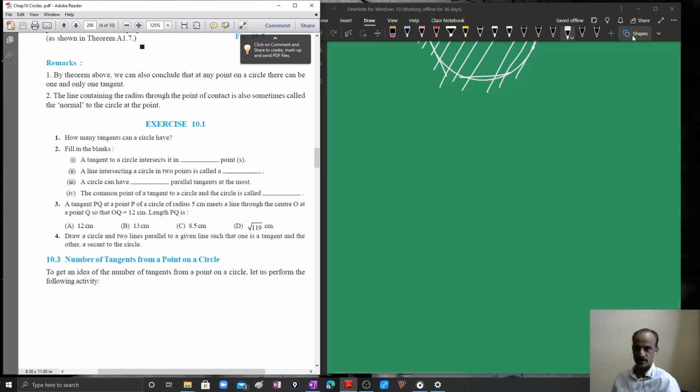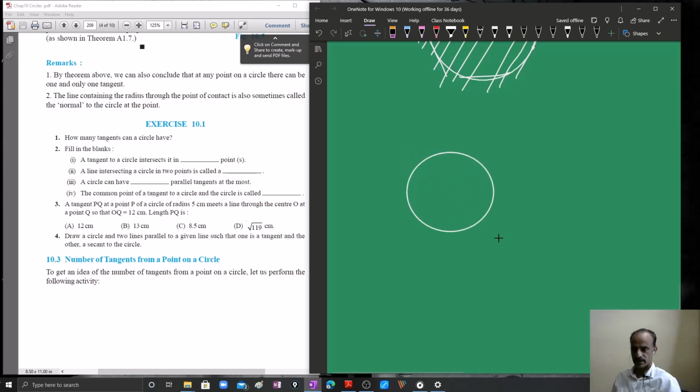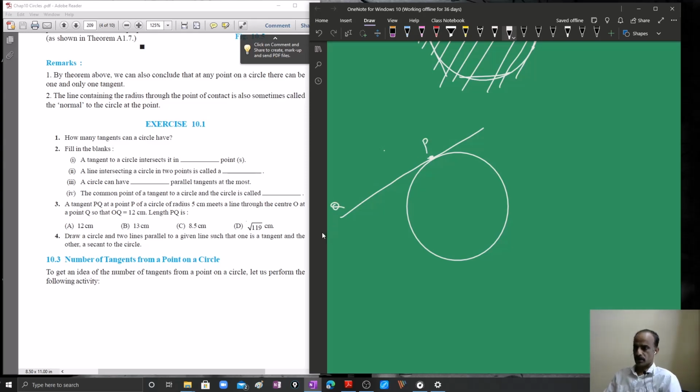Let us examine that question. There is a tangent PQ at a point P on the circle of radius 5 cm.